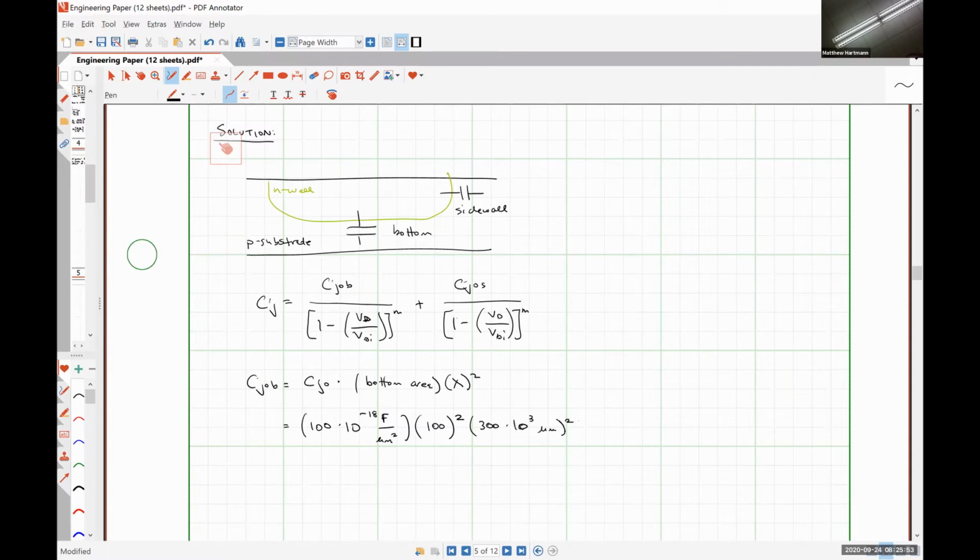I'm trying to get my units legit here. If we multiply all of this out, we come up with 90 femtofarads.